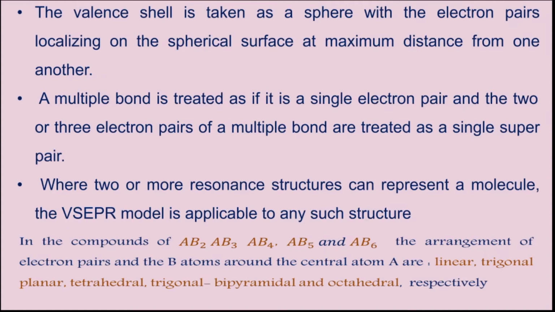In the compounds of AB2, AB3, AB4, AB5 and AB6, the arrangement of electron pairs and the B atoms around the central atom are linear, trigonal planar, tetrahedral, trigonal bipyramidal and octahedral respectively.